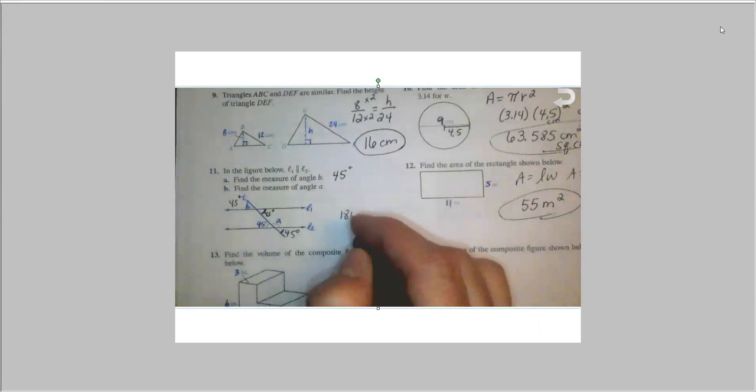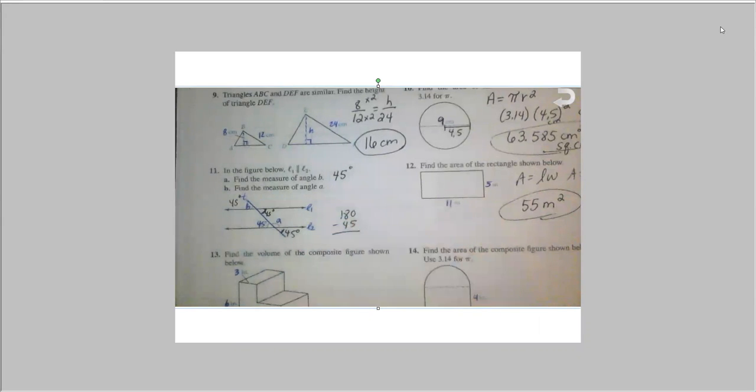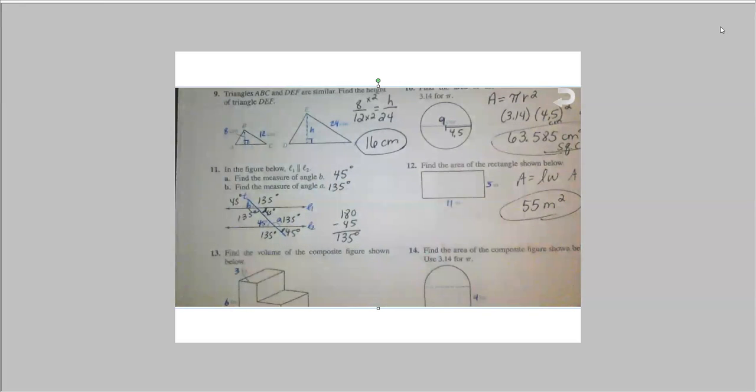So if I subtract 45 from 180 degrees, I'm going to get 135 degrees. So that means every obtuse angle is 135 degrees. I didn't have to find every angle, but just knowing one, I can find all of them, okay?